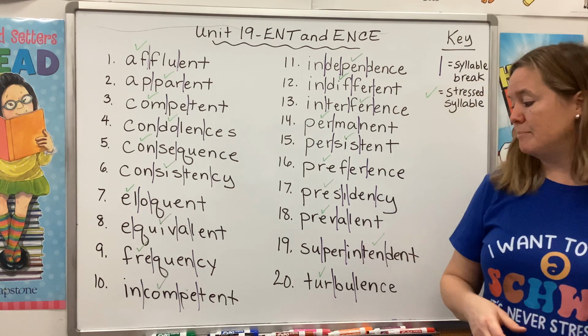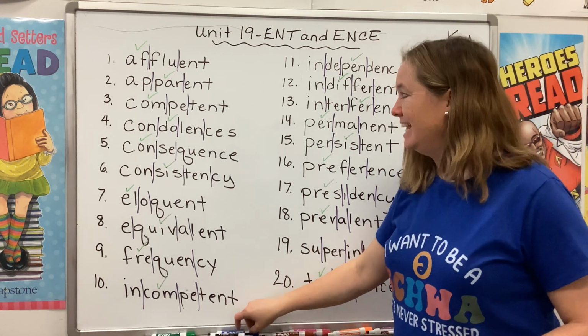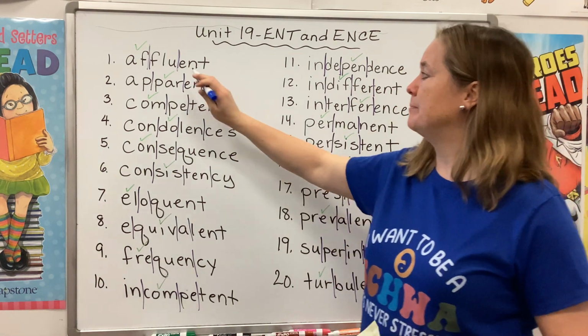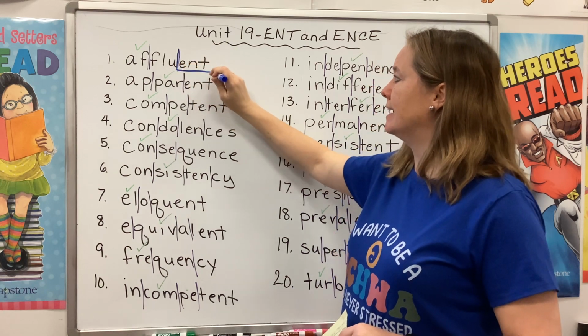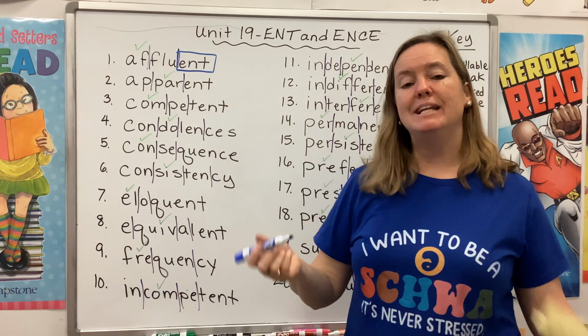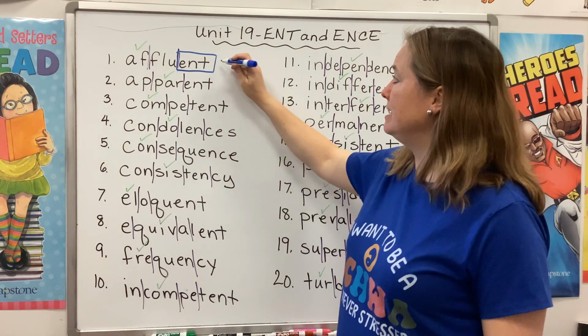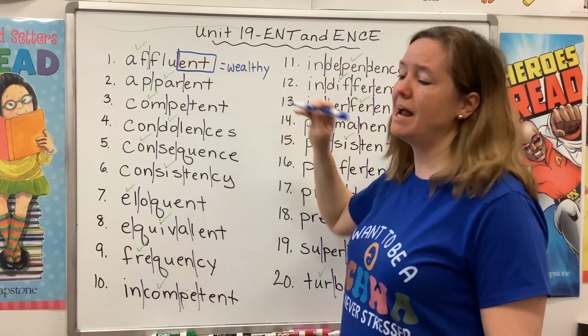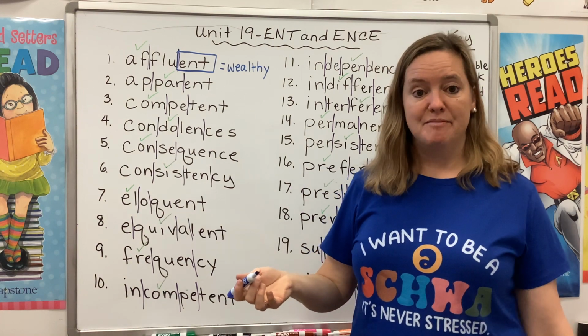So let's start by choosing a color. And I want to look at a word like affluent. Do you notice it ends with ENT? Affluent is an adjective. It means wealthy, okay? If you are affluent, you have a lot of money.